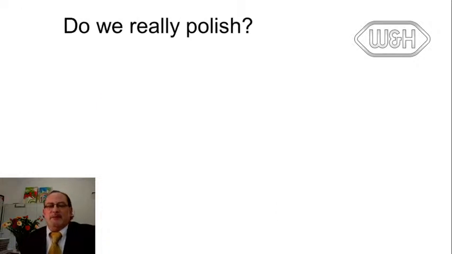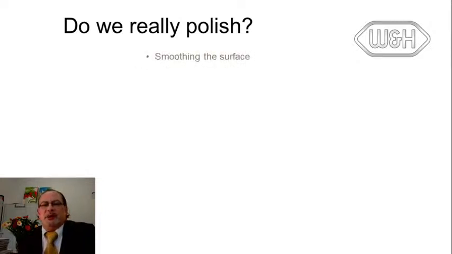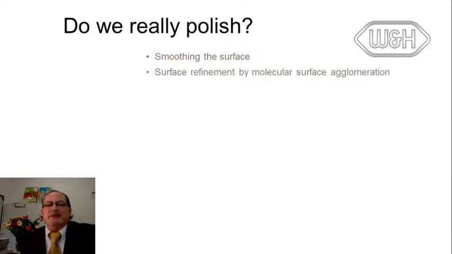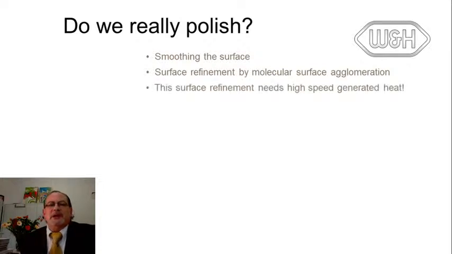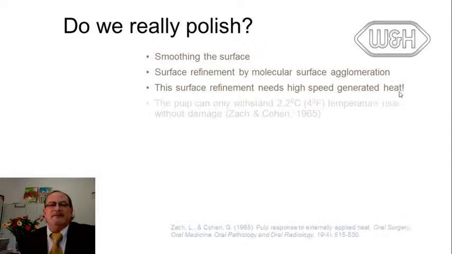So, coming back to polishing, what actually is polishing? And do we really polish the teeth when we say that we are polishing? Polishing actually means smoothing the surface, and surface refinement by molecular surface agglomeration, which is achieved with high speed and high heat.